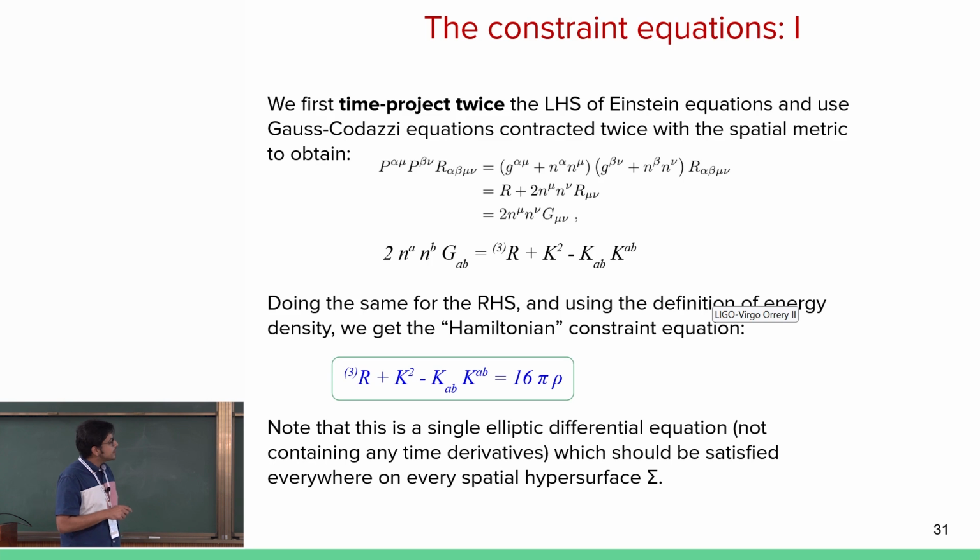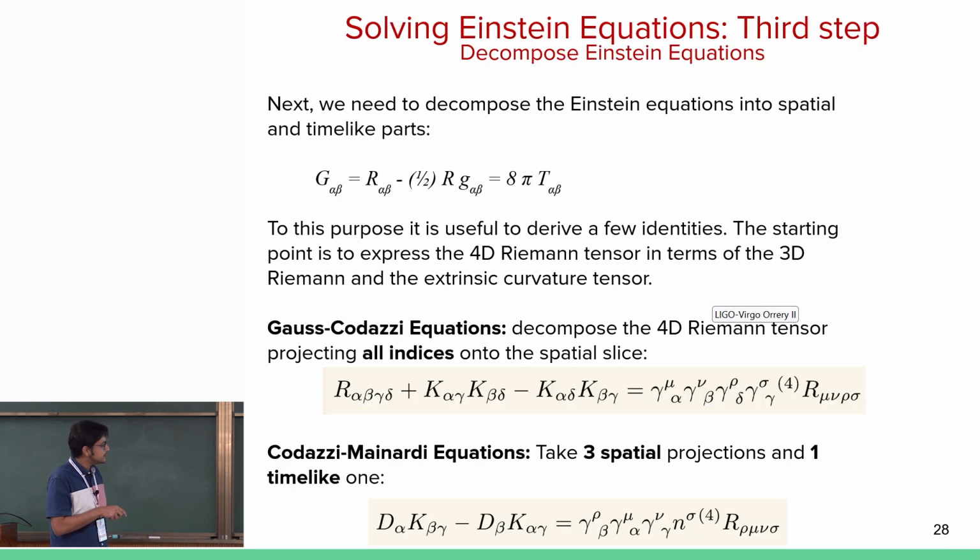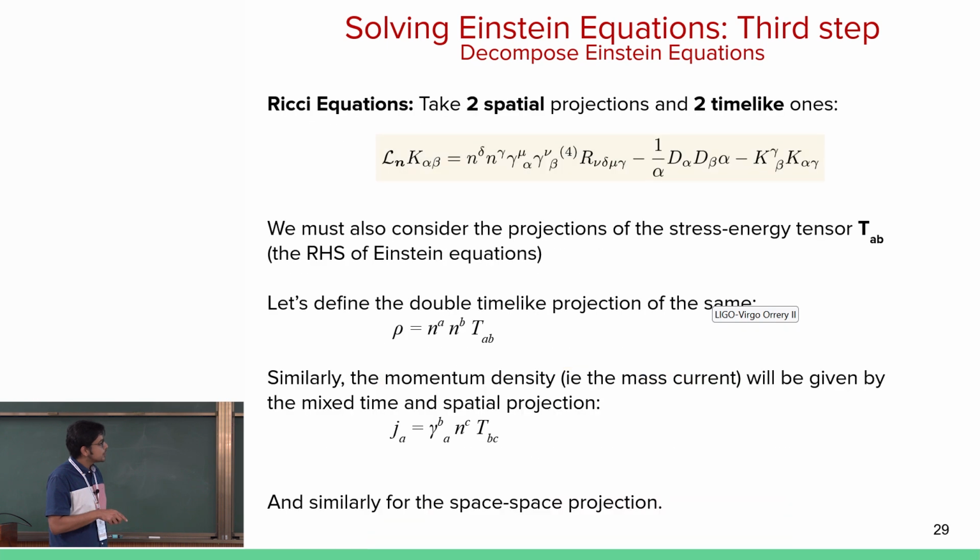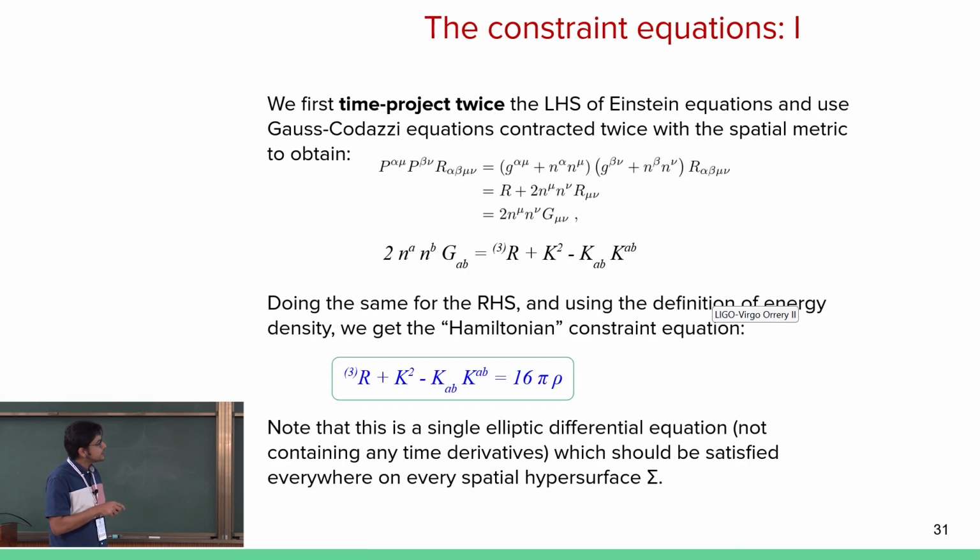So now we can time project the Einstein's equations, or Einstein's tensor, and use the Gauss-Codazzi equations, which were these. So if we operate with the spatial projection operator twice on the Riemann tensor, this is equal to twice time projection of the Einstein tensor, right? And this quantity, using Gauss-Codazzi equations, can be expressed as equal to the following right hand side here by simply taking the trace twice of the Gauss-Codazzi equation.